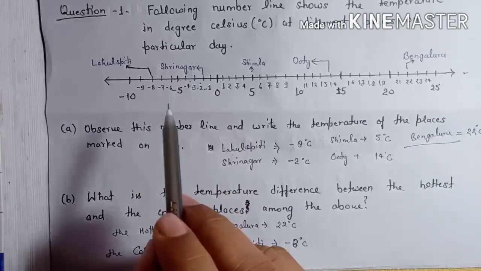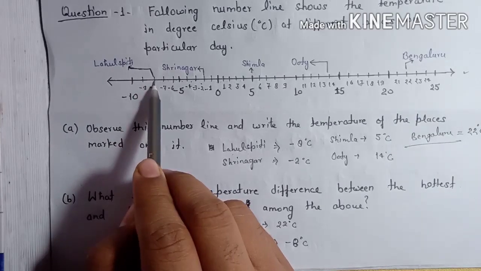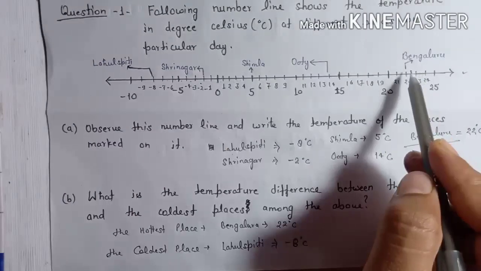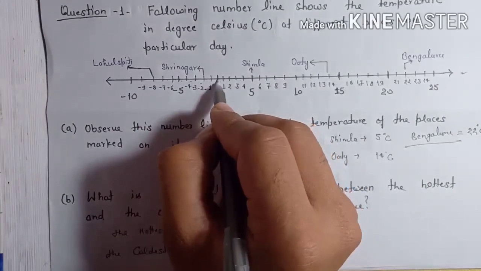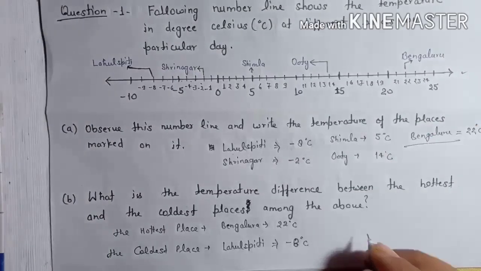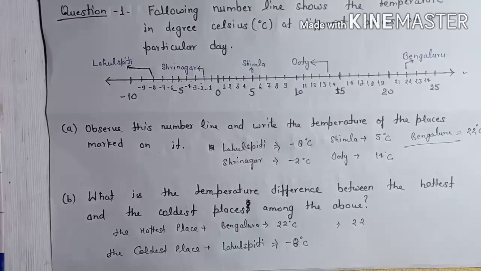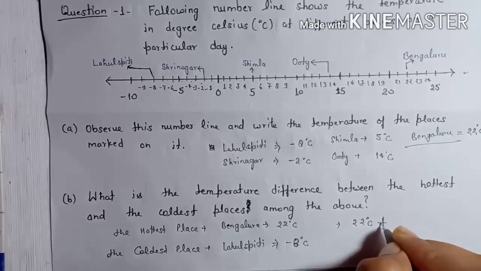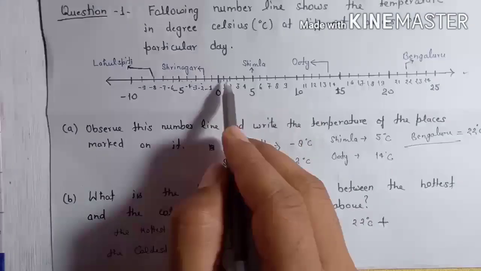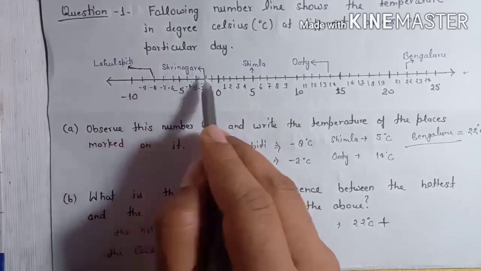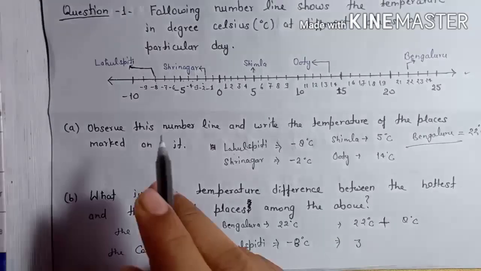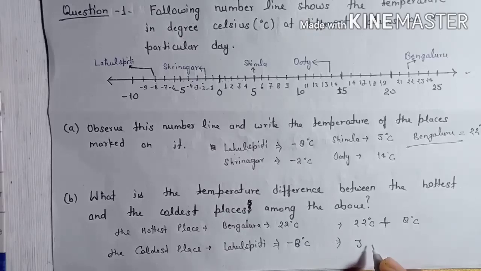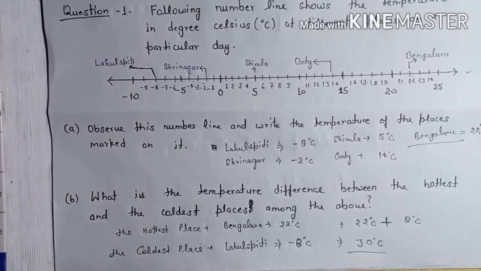So we have to see the temperature distance from -8 to 22. From 0 it is 22 degrees Celsius, and from 0 it is 8 units distance on the other side. So the total temperature gap is about 30 degrees Celsius. This is the answer here.